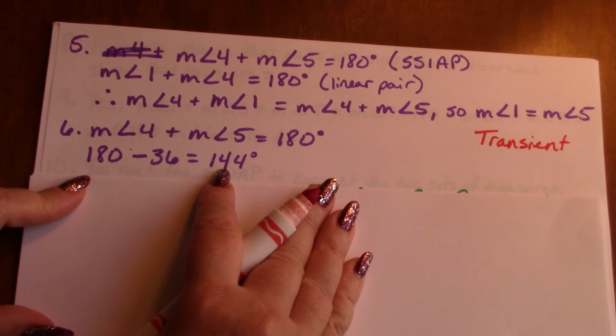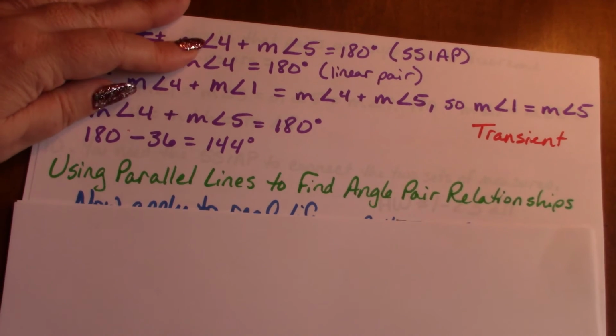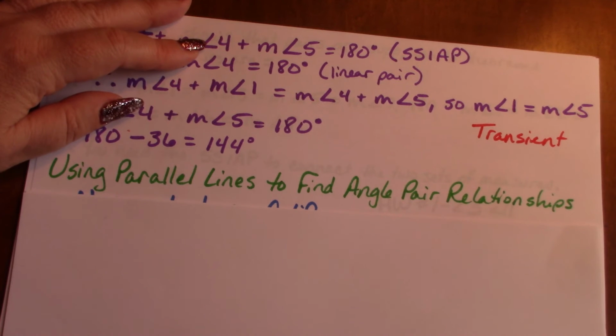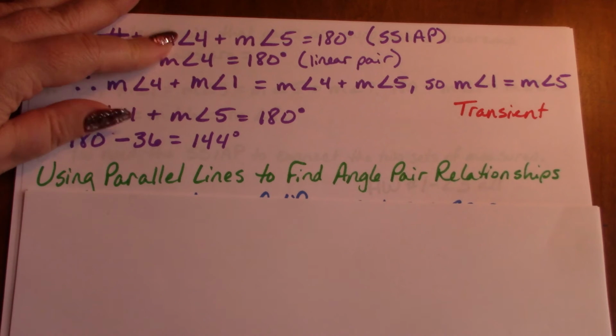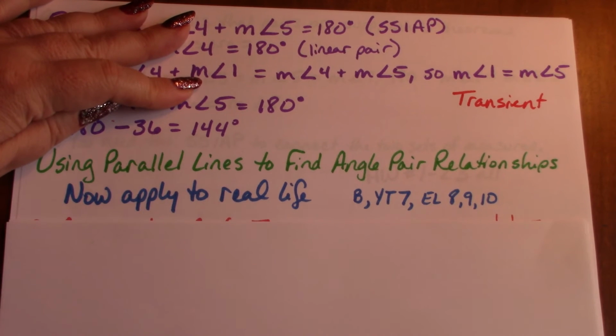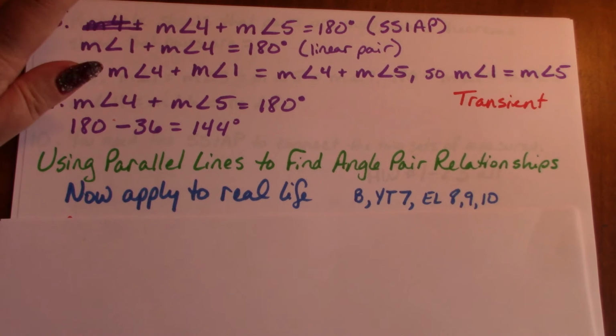And with number 6, 4 plus 5 is 180, and 180 minus 36 is going to give us a total of 144 left over. Next part, using parallel lines to find angle pair relationships. So now we're going to take all of the stuff that we've learned and apply it to real life.